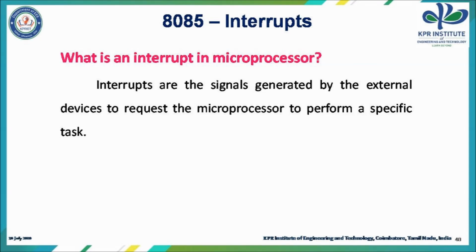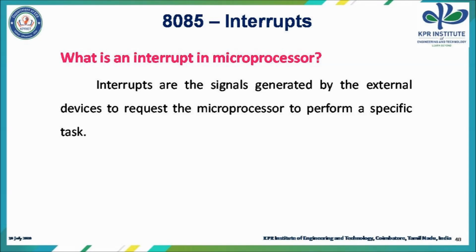Now, as we have seen the architecture of the microprocessor, let us see the interrupts of the processor in detail. What is an interrupt? Interrupt literally means disturbance. So, interrupts are the signals generated by the external devices in order to request the microprocessor to perform a specific task.